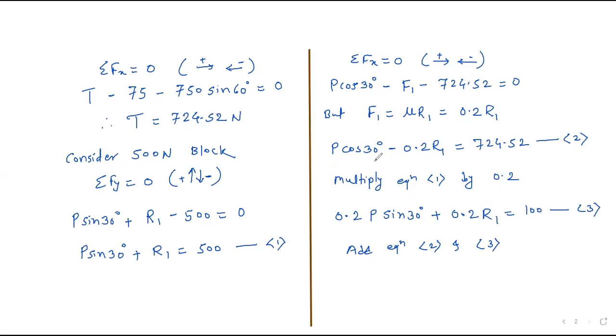Okay, so cos 30 is 0.86. So I will write here 0.86 P. Okay, then minus 0.2 R1, which is equal to 724.52. This is first equation. Plus, now this is 0.2 into sin 30. Sin 30 किती असतं सांगा मला?